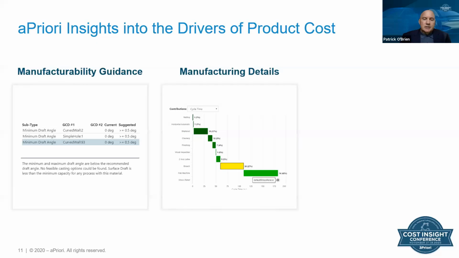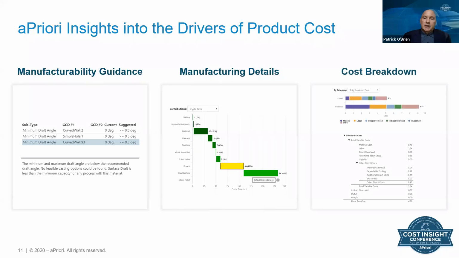So think of things like the routings and the machines being used, the cycle times on those machines, and setup costs. All of this is valuable information to give to the manufacturing side so that they can understand some of the drivers as well, and look at how they can achieve some trade-offs and decisions early in the design cycle.